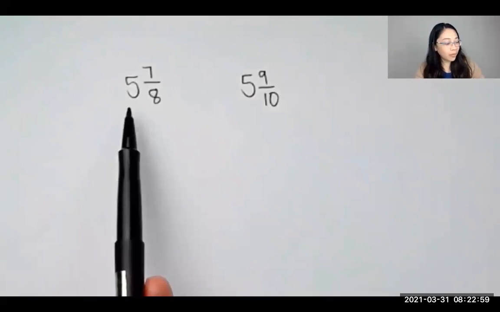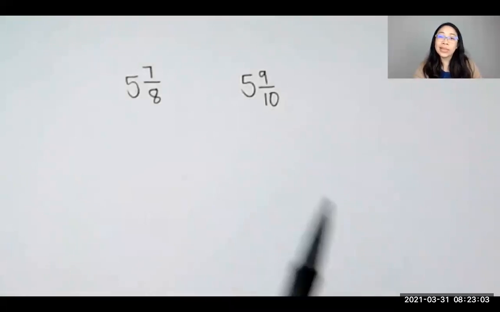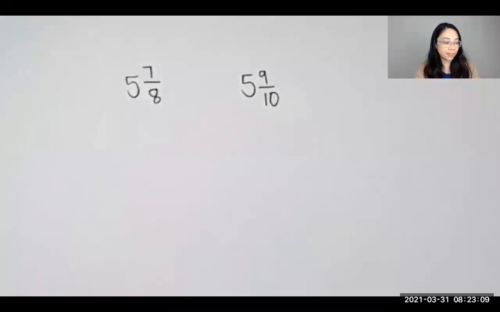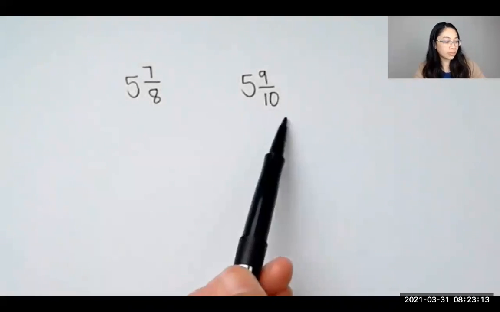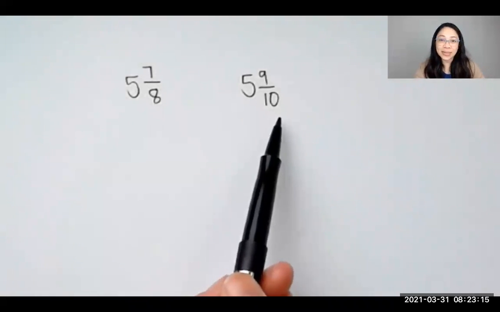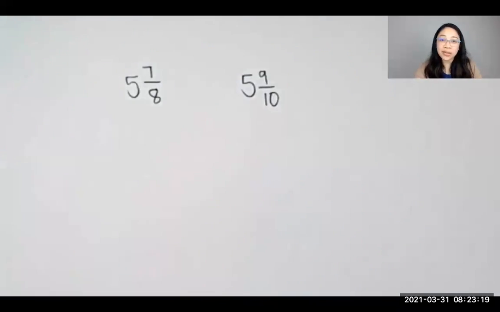They both have 5 ones. Since the ones are the same, we'll now look at the fractional units to compare. The fractional units are 7/8 and 9/10. Go ahead and pause here to share aloud your thoughts as you compare 7/8 and 9/10. I'll be here when you get back.